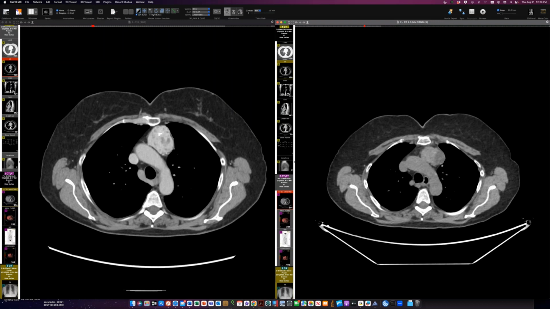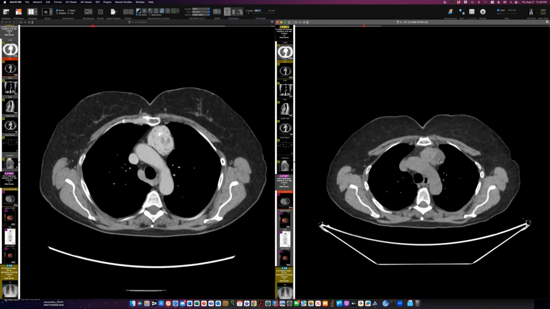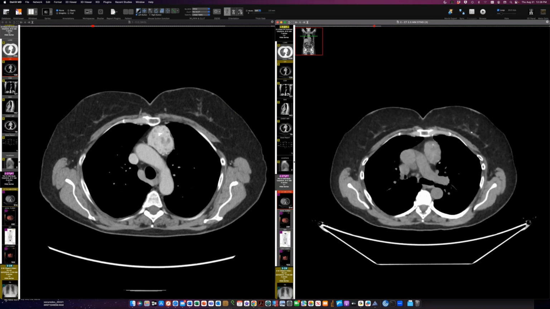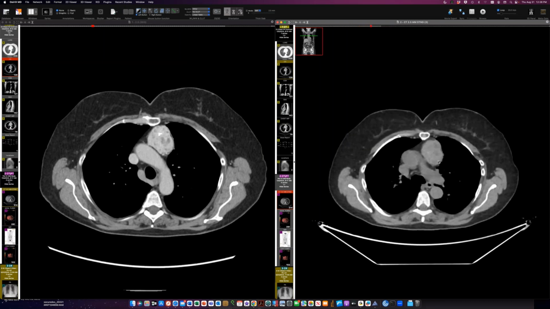It's higher attenuation than that. I think it was like 20 or 30 Hounsfield units. So ectopic thyroid, it's on the list of anterior mediastinal things that enhance. So good discussion.